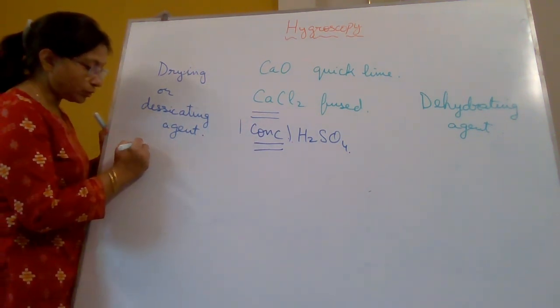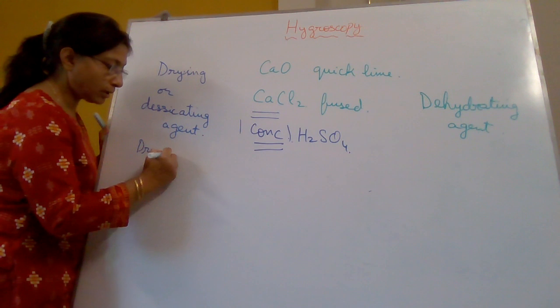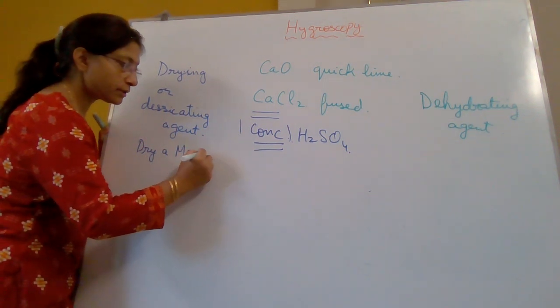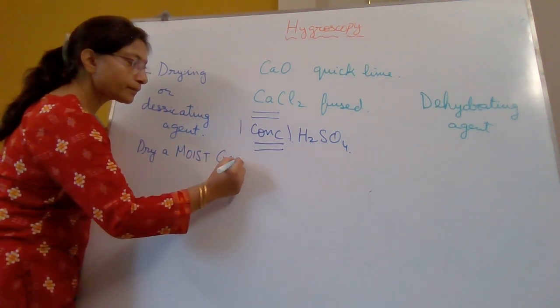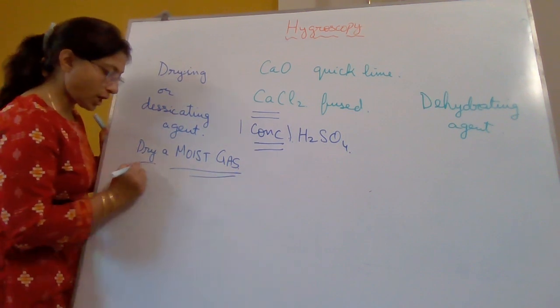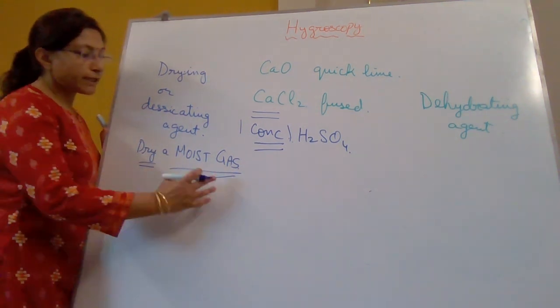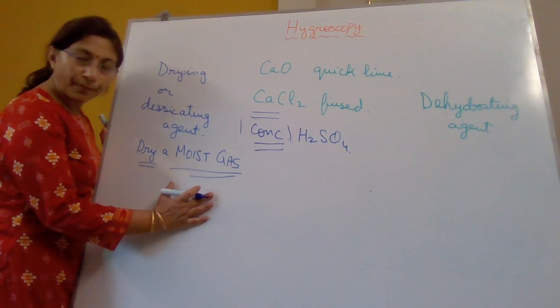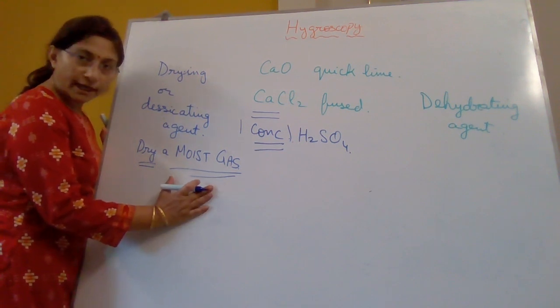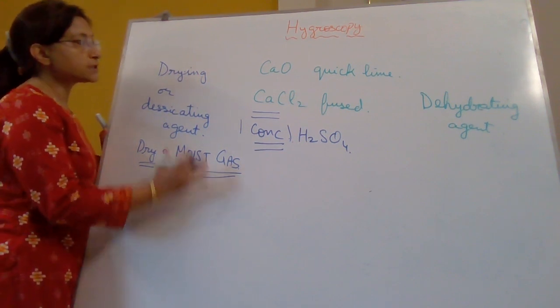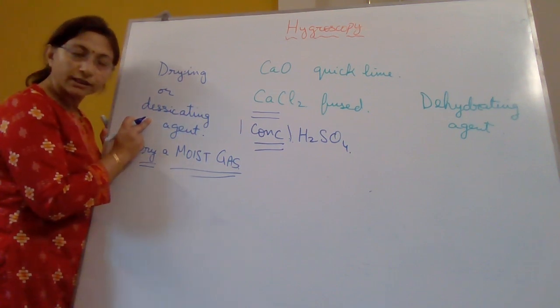So how to dry a moist gas? We will simply pass this moist gas through this drying or desiccating agent.